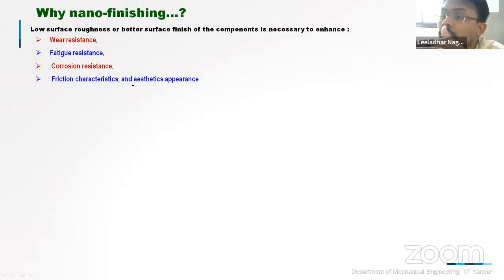Suppose someone has developed an advanced material with advanced design, shape, and size. We can develop a process for that, and that is called the advanced finishing process.